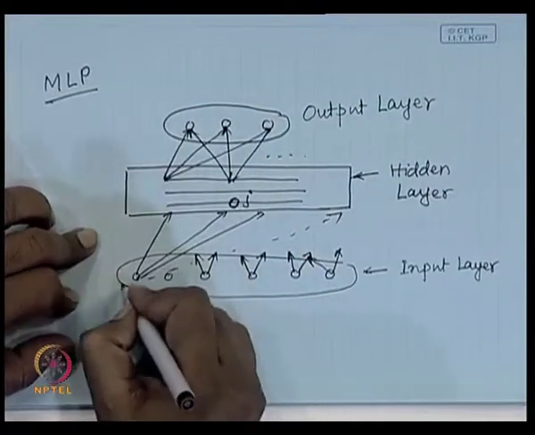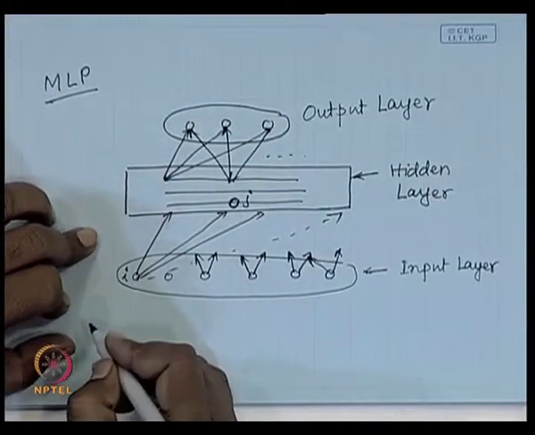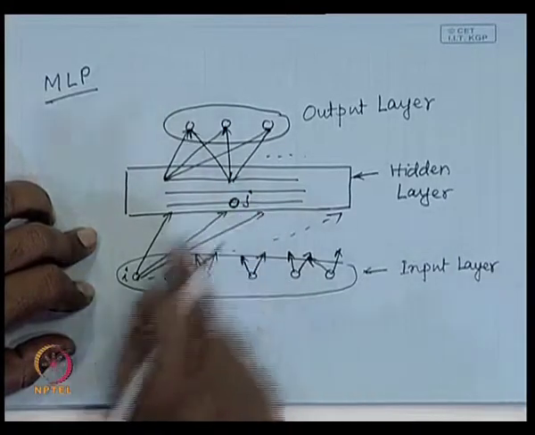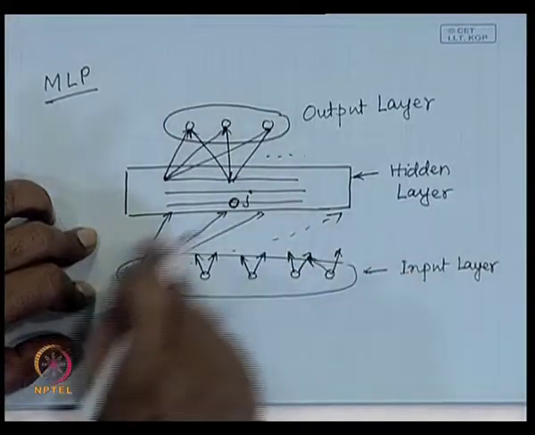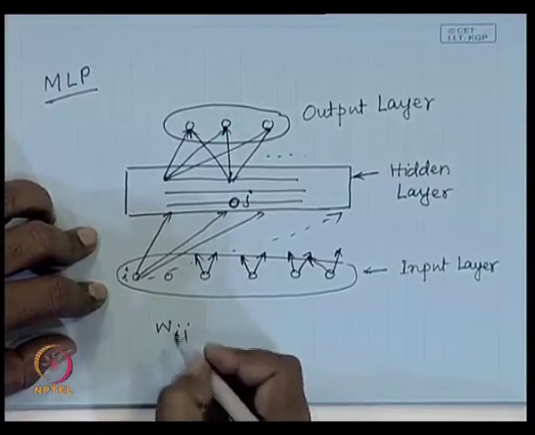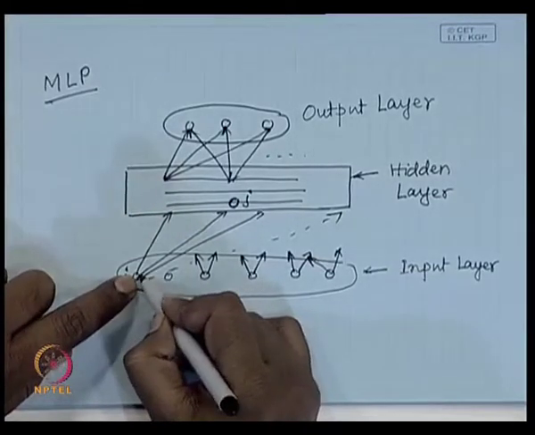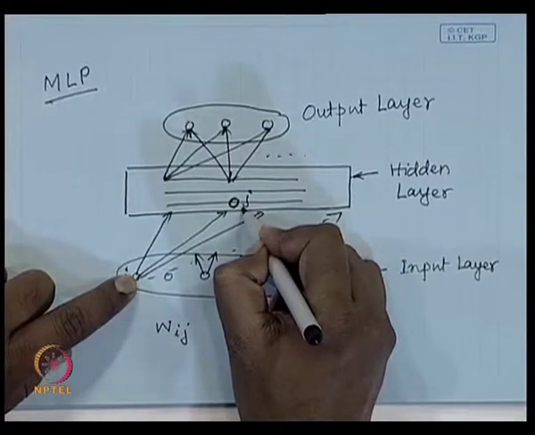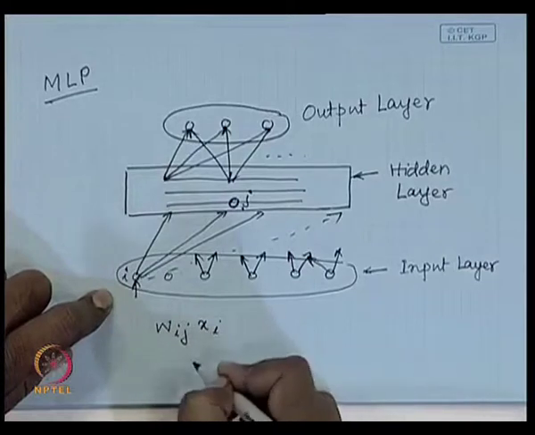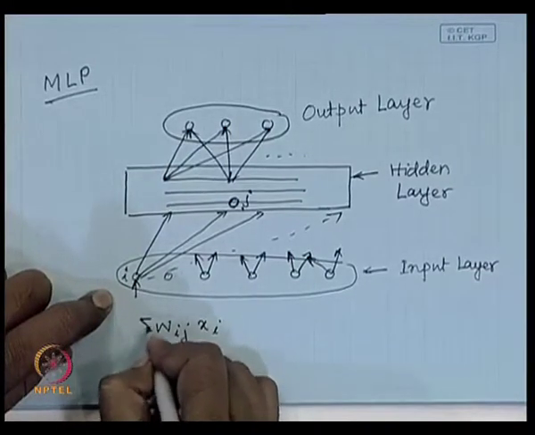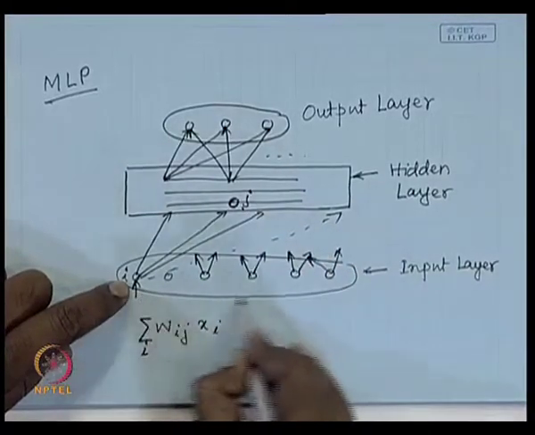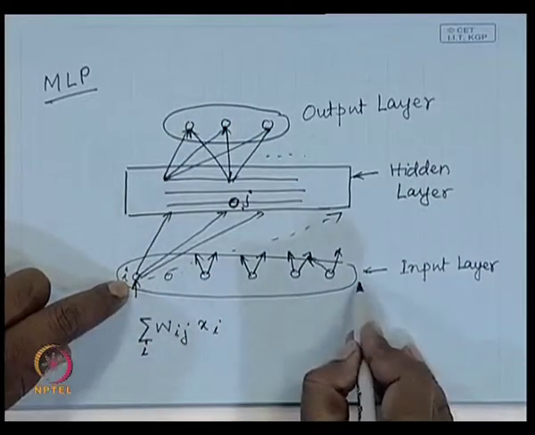So, let us take a particular node, say the ith node. To the jth node, the total sum of inputs coming from the ith node will be given by W_ij, the connection weight from the ith node to the jth node, times the input to this node, say x_i, then the summation of this over all i, because this node is getting inputs from every node in the previous layer.